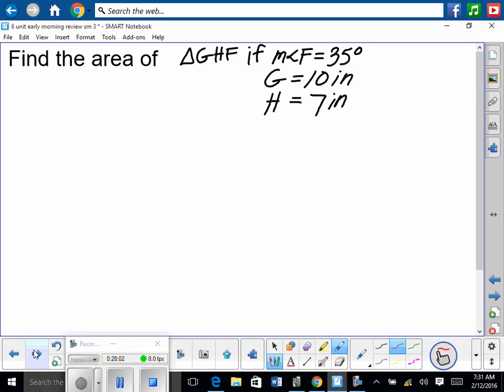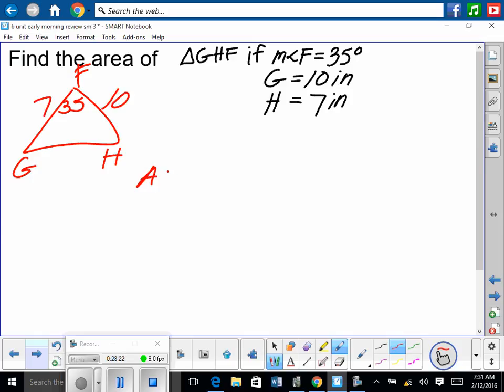Find the area of triangle GHF, if the measure of angle F is 35 degrees, if G is 10, if H is 7. So I draw a quick picture. GHF. So the measure of angle F is 35 degrees. Side G is 10. Side H is 7. Find the area.